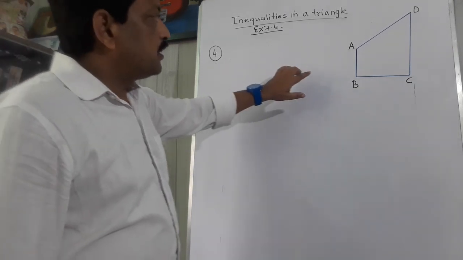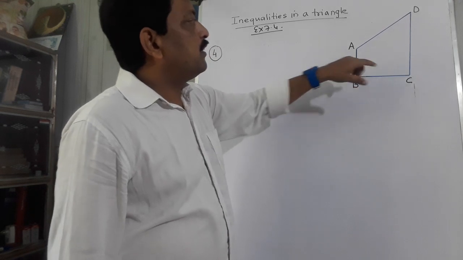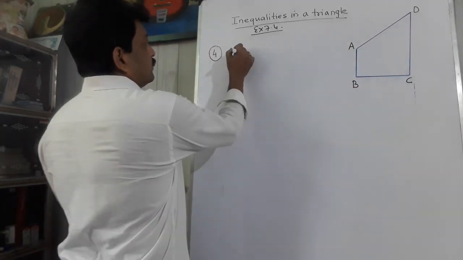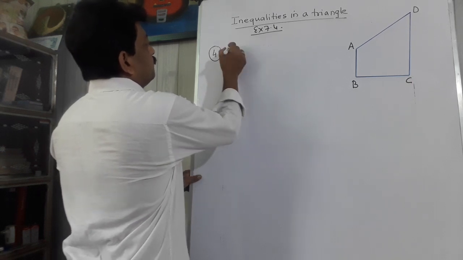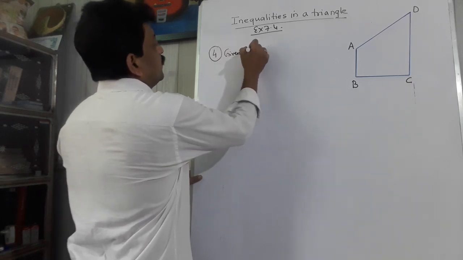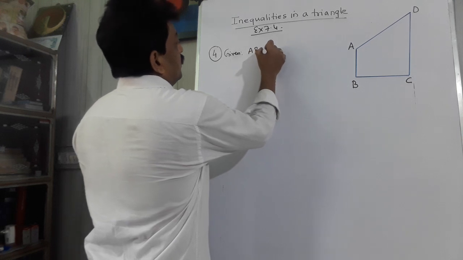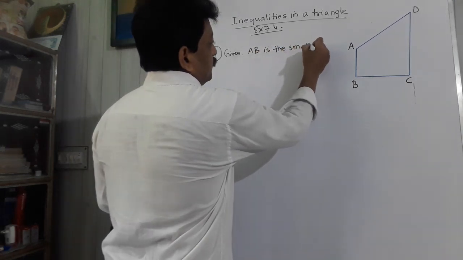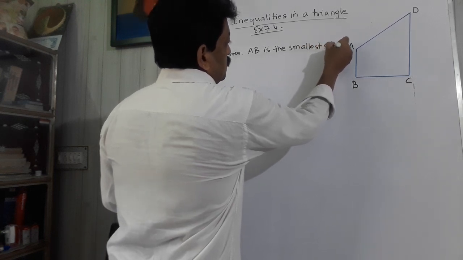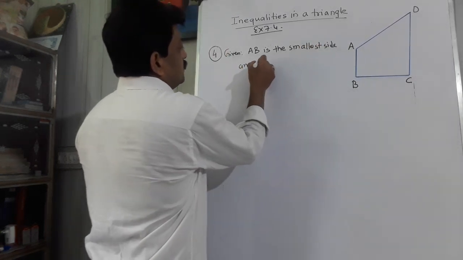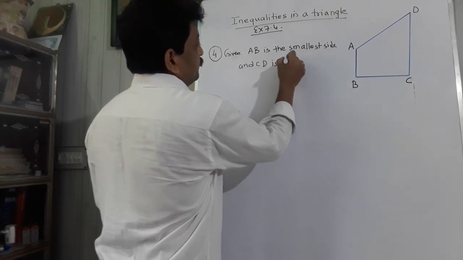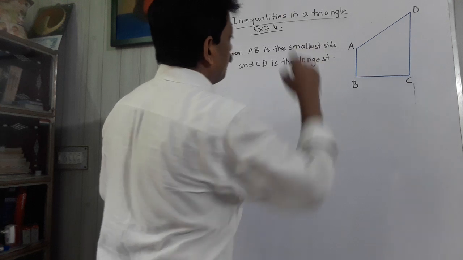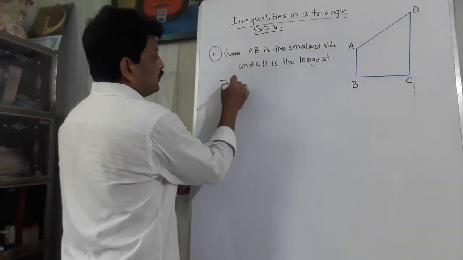It is given in the question that in this figure, AB is the smallest side and CD is the longest. What we have to prove?